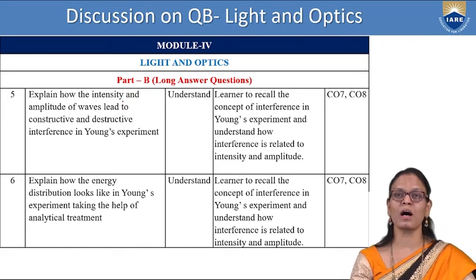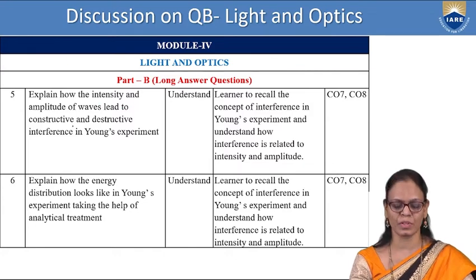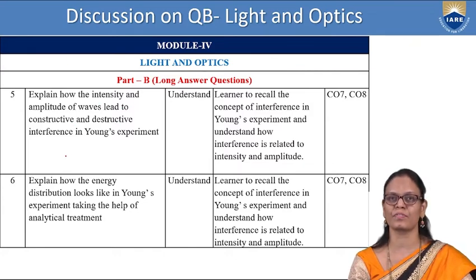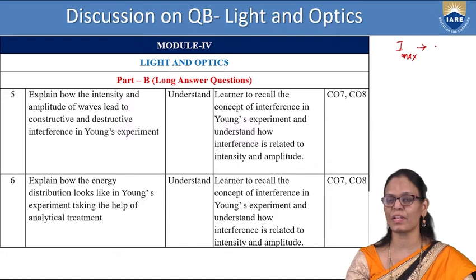Next, explain how the intensity and amplitude of waves lead to constructive and destructive interference. If the intensity is maximum, it leads to constructive interference and that will be a bright band.